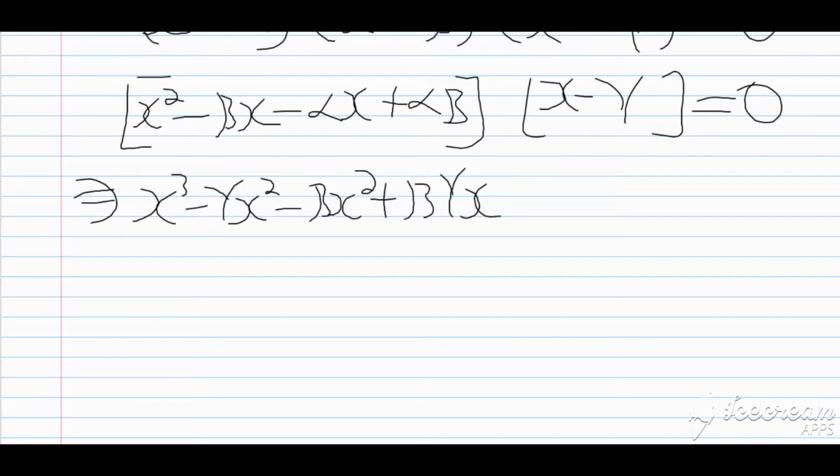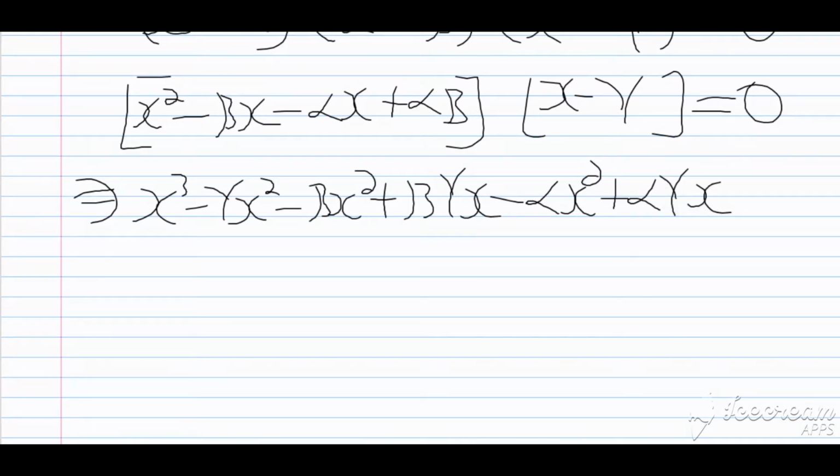Now minus alpha x times x is going to give me minus alpha x squared, minus alpha x times minus gamma is going to give me positive alpha gamma x.